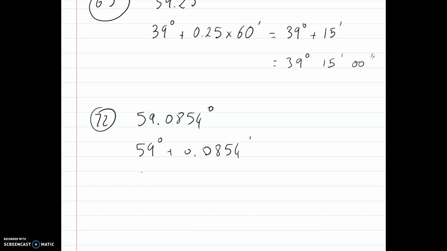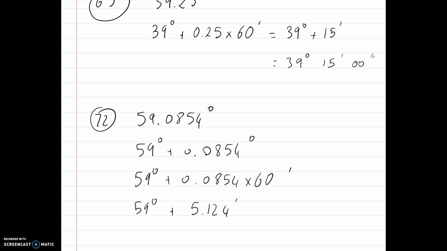So now if I want to convert my decimal into minutes, I will multiply by 60, and I end up with 59 degrees plus 5.124 minutes.